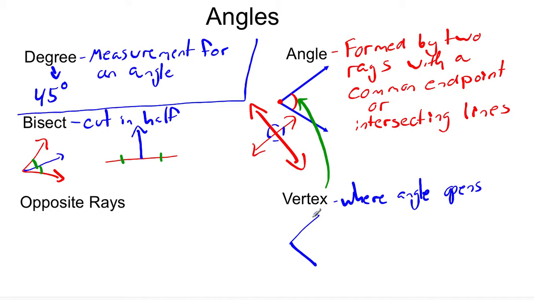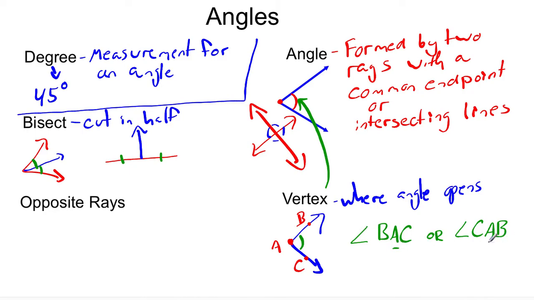We're going to refer to that. So if I have this angle here, and let's give it some points. We'll say that this is A, B, and C. If my vertex is this in green, then I would say that this is angle BAC or angle CAB.